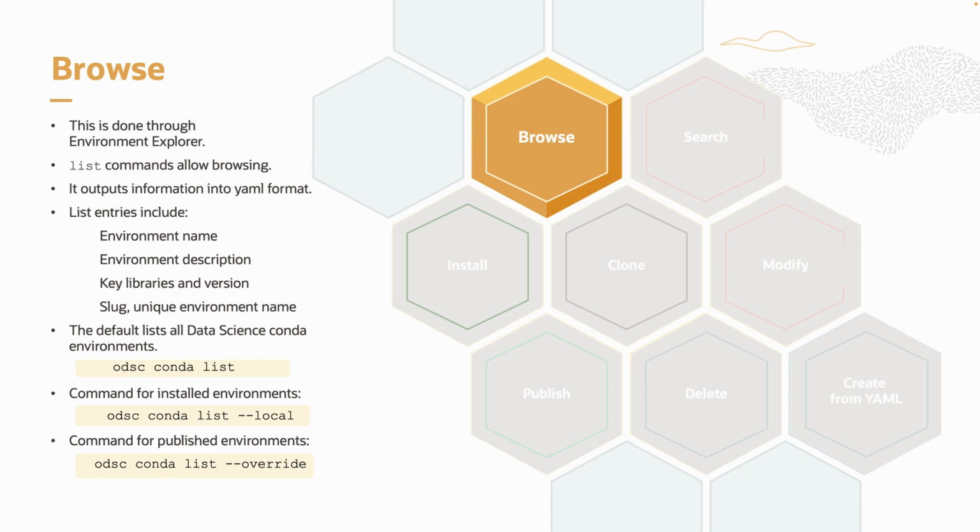To access published Conda environments, you would use the ODSC Conda list override to override the default setting of providing data science Conda environments to provide published Conda environments. For this command to work, you'd have to have set up the object storage bucket and done an ODSC Conda init to configure where the published Conda environments are.